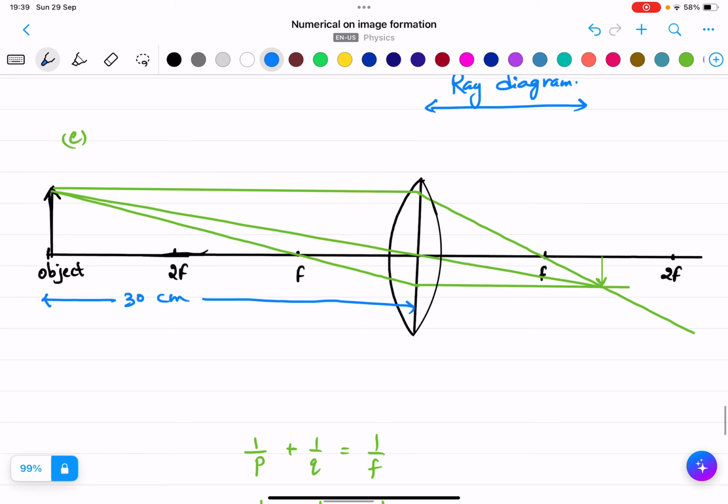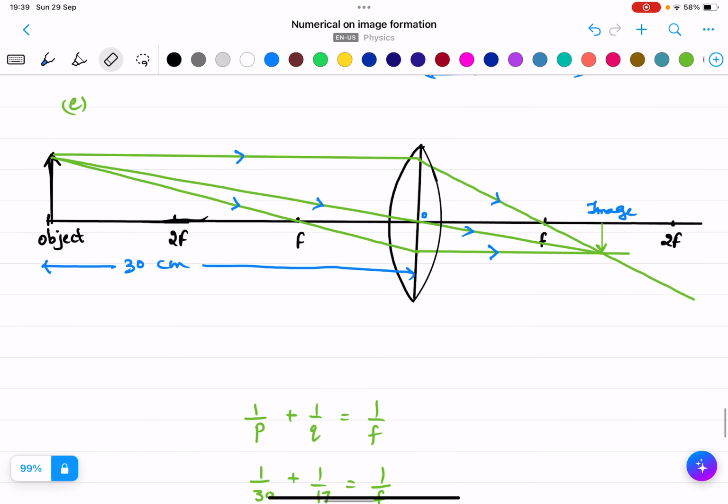The first one: any ray which is parallel to the principal axis will pass through the focus. Second, a ray will pass through the optical center as it is. And the third rule: any ray passing through the focus will be parallel to the principal axis. So this is your image, and you can see the image is diminished compared to the object.